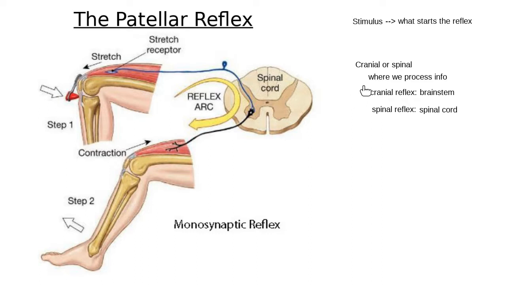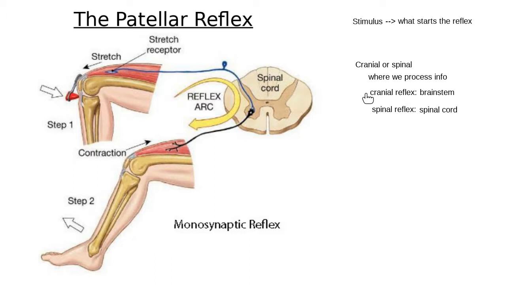Remember I told you with our reflexes, anytime you see a spinal cord, in the picture of the reflex arc, that's a spinal reflex. 100% of the time, if you see a spinal cord, it's a spinal reflex. We're processing in the spinal cord. 100% of the time, if you don't see the spinal cord, so even if you have no idea what you're looking at, if you know it's not the spinal cord, that means it's a cranial reflex.